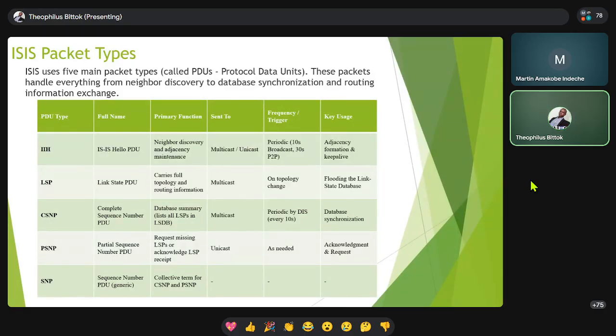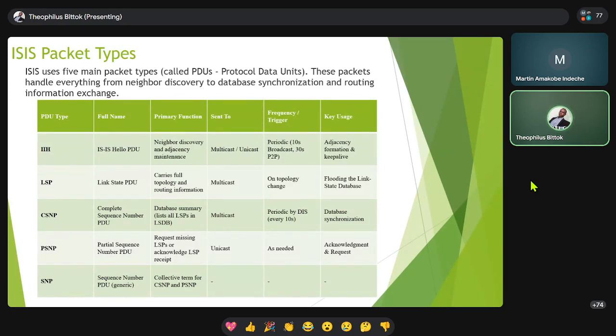Now for the CSNP, we can take it as, for example, you are in a library, right? And in a library there's a catalog. The CSNP has the sequence number and the LSP. So it's going to say, let me be LSP1, maybe this is the sequence number.